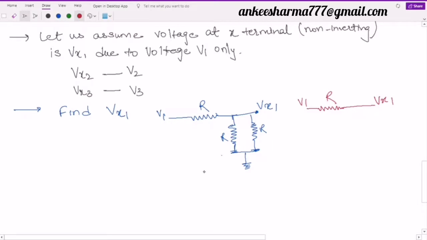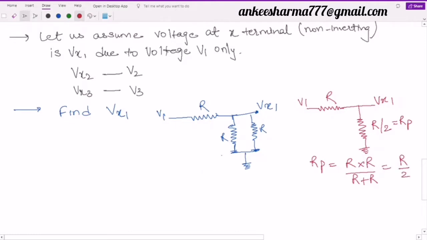When two resistances are the same and they are connected in parallel, can I say its value is half, or it can be replaced by a single resistance whose value is equal to R by 2? Where does this R by 2 come from? It is the parallel combination of these. Or if I simply say it is equal to RP, then RP is equal to R into R upon R plus R. This is the formula. So if you calculate it, it will come out to be equal to R by 2.